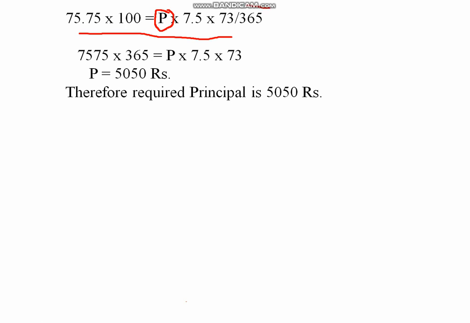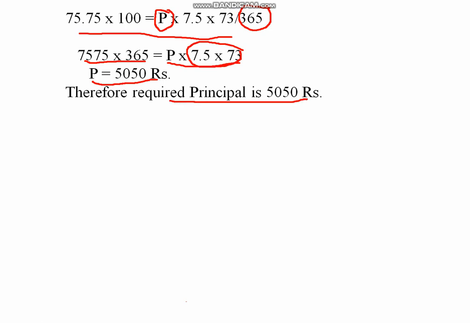This 365 is divided on the right hand side, so to the left it will multiply, and the left hand side becomes 7575 into 365 equal to P into 7.5 into 73. This term is multiplied on the right hand side, that is 7.5 into 73, so to the left it will divide, and after dividing and calculating the terms, we get the answer P is equal to 5050 rupees. So the required principal amount is 5050 rupees.